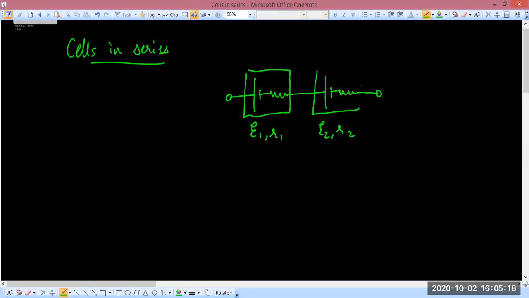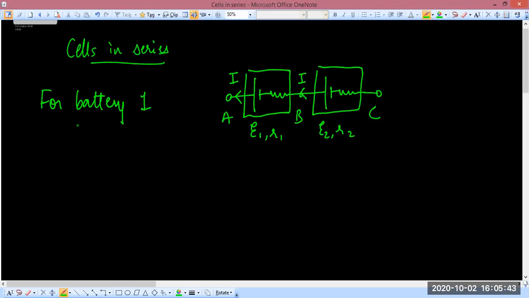Without that only you could do it very easily. You just have to take 3 points here, for example A, B and C. So for cell 1, of course current will be flowing like this. I hope you understand why. Because the battery's positives are on that left side.